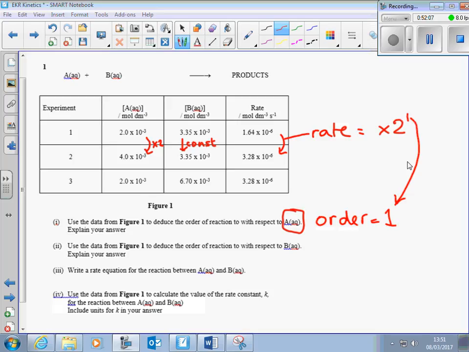Now, I don't think the other one gives us any greater challenge, actually, does it? With respect to B, which I'll do in blue on here, if we are keeping A constant, then we must be using those two. I've got a whole sheet of these that you're going to have a go at.